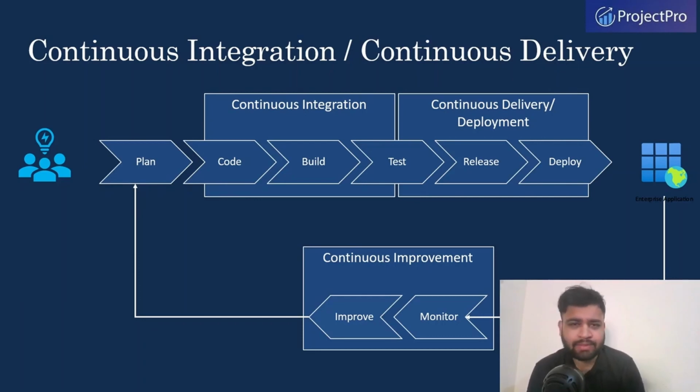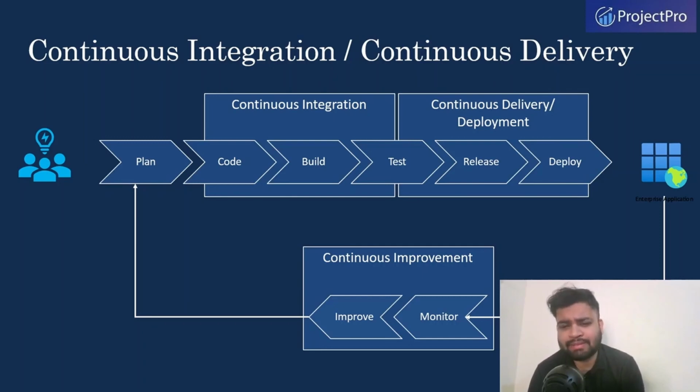Then the developers start coding the application, and that goes to building the software. After you build the software, it goes to the testing phase where it is tested, and then released. In the release, we deploy our software from the lower environment to the higher environment, like the production environment.